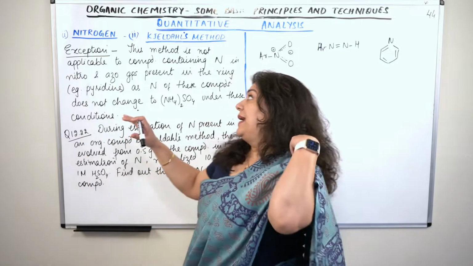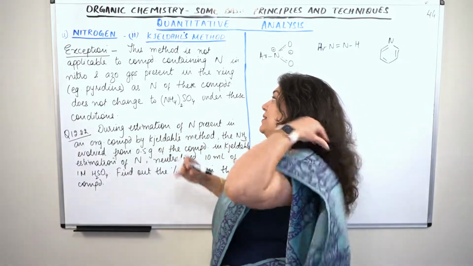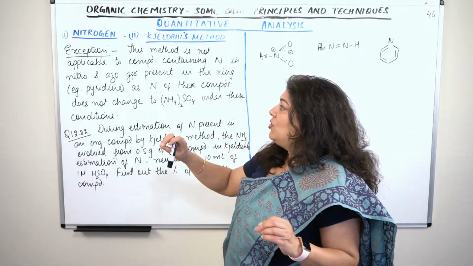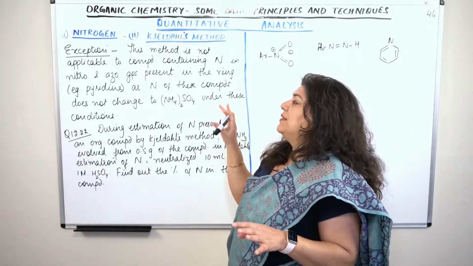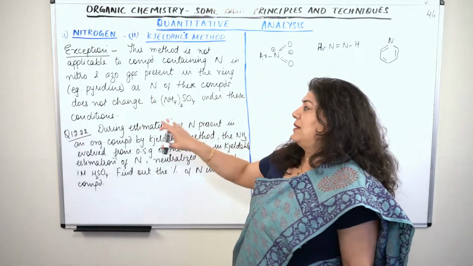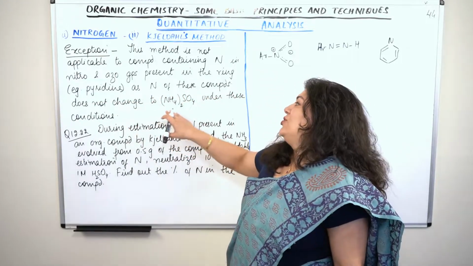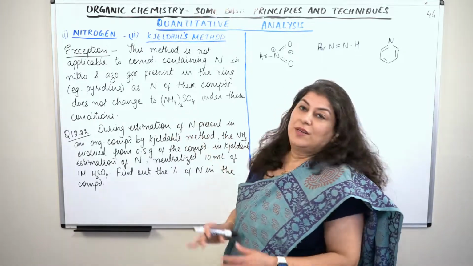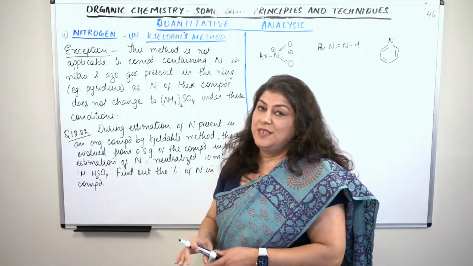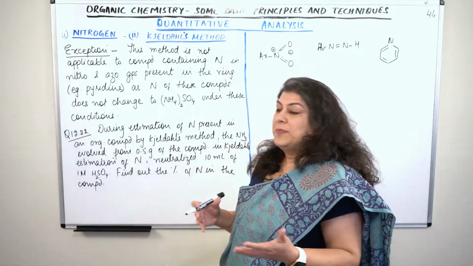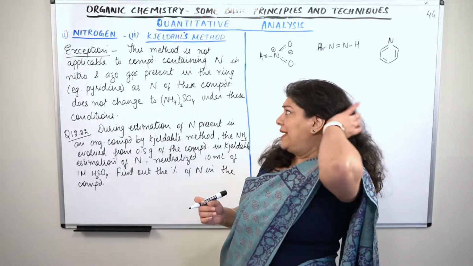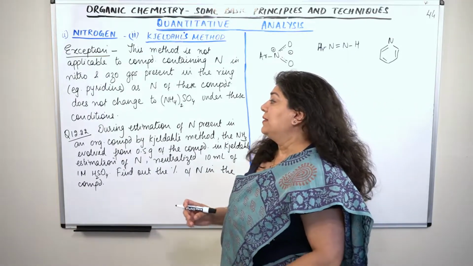That is why, as the exceptions, this method is not applicable to compounds containing nitrogen in the nitro and azo groups present in the ring, for example, in pyridine, as the nitrogen of these compounds does not change to ammonium sulfate. Under these conditions, due to resonance, they acquire stability and are not available for reaction with sulfuric acid. So this was the exception of Kjeldahl's method.